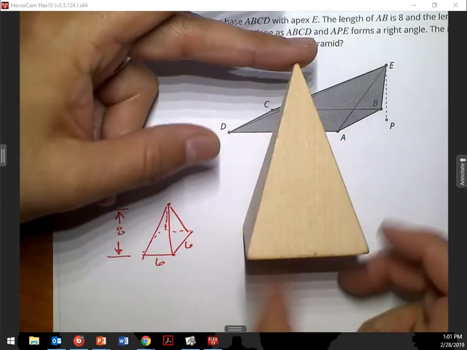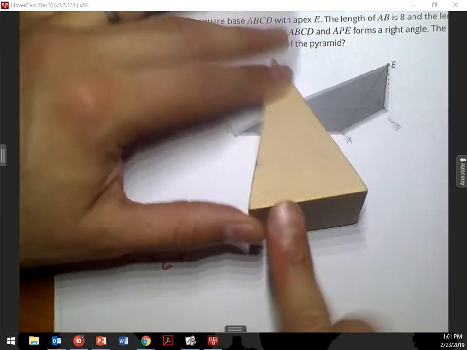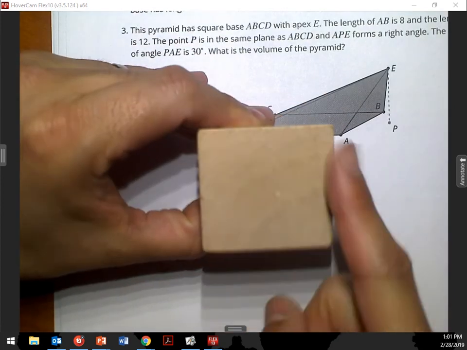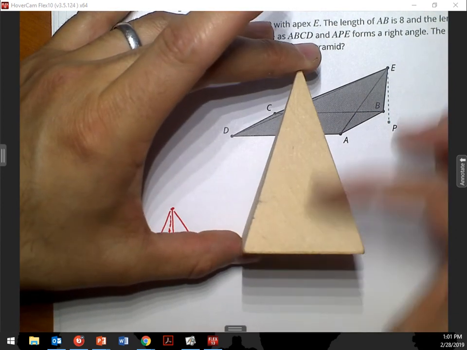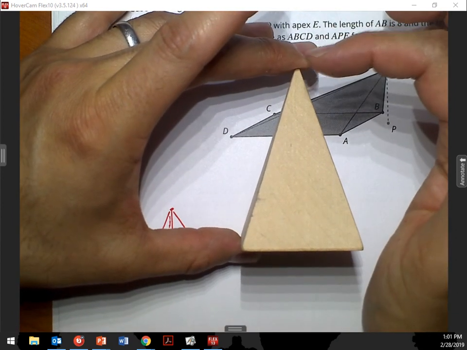So in this case, it is going to be 6 here, 6 here, and top to bottom from here up to here is going to be 8, right?